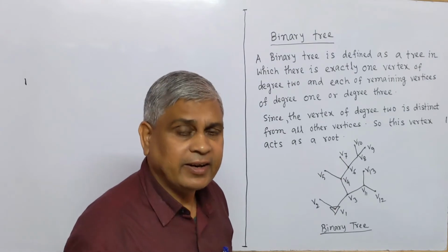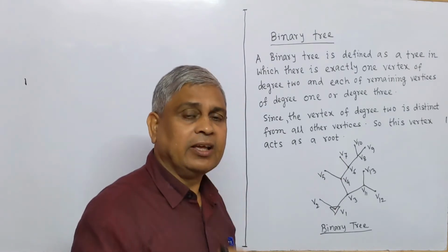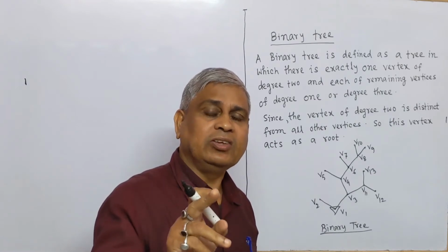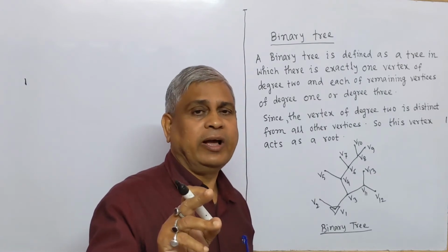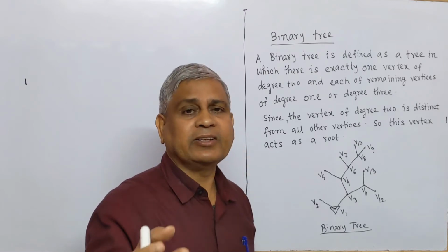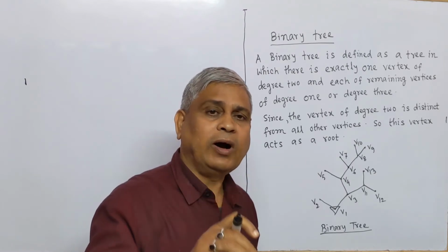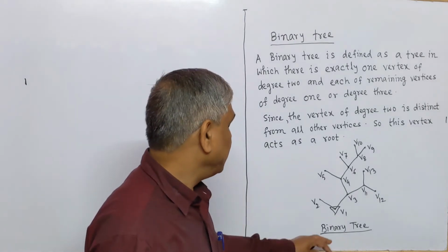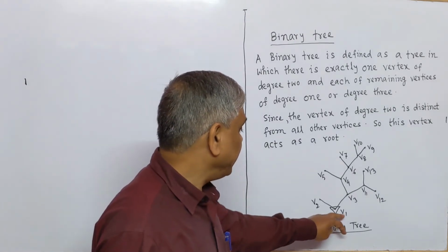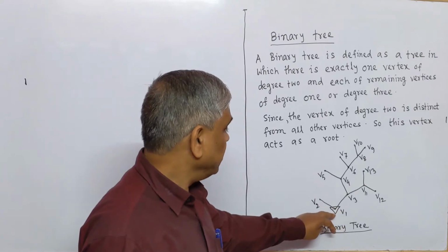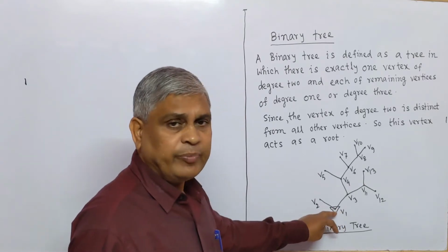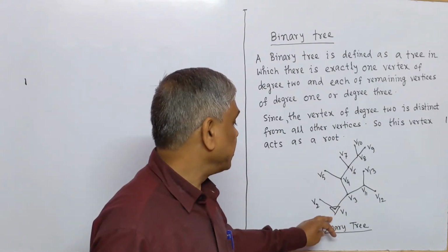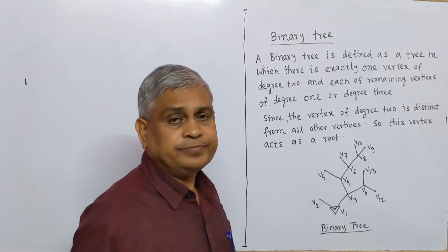So a binary tree is a rooted tree in which one vertex is of degree 2 and the remaining vertices are of degree 1 or degree 3, and this vertex V1 here in the picture is of degree 2. This acts as the root of this tree.